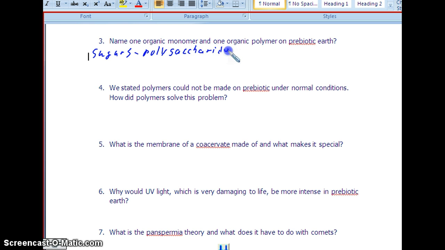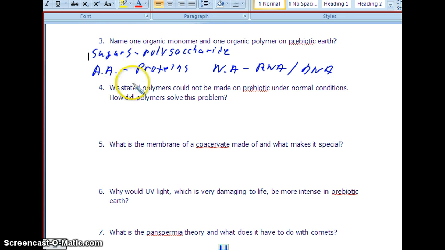We had the amino acids. Amino acids can form the proteins. We also have nucleic acids. Nucleic acids can be like RNA or DNA.